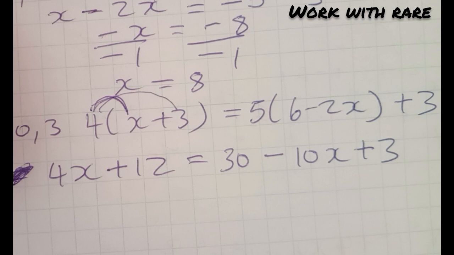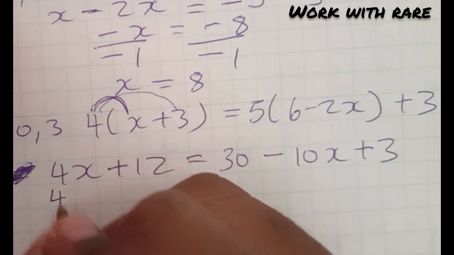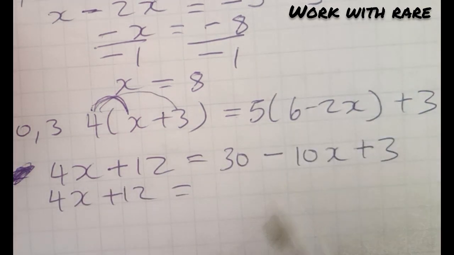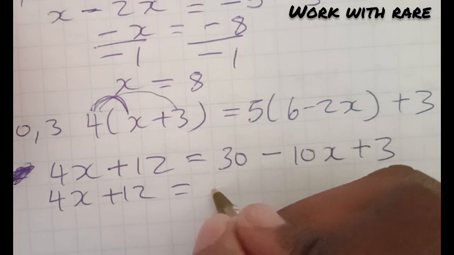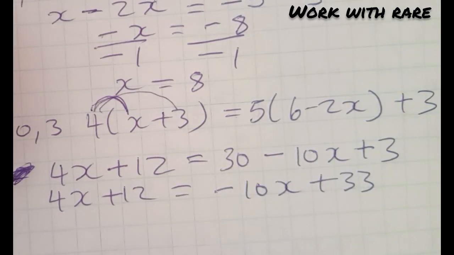Okay, so the next step, I'll say, here I have 30 and here I have 3, so I can write it in this form. So I will leave the left hand side unchanged, and I will say 30 plus 3 is 33. Remember, here it's negative 10, so I'll say negative 10x plus 33. Okay, so the next step, now I will have to take my x's together because they are like terms, and I'm solving for x.